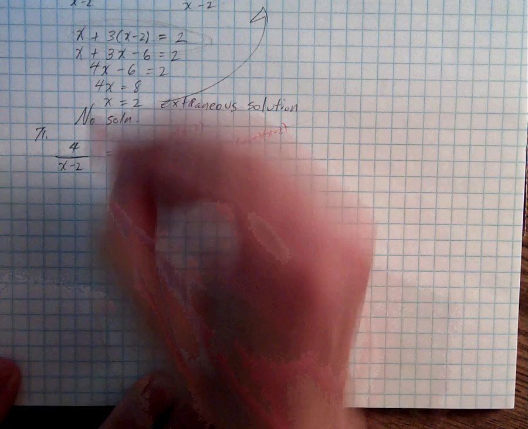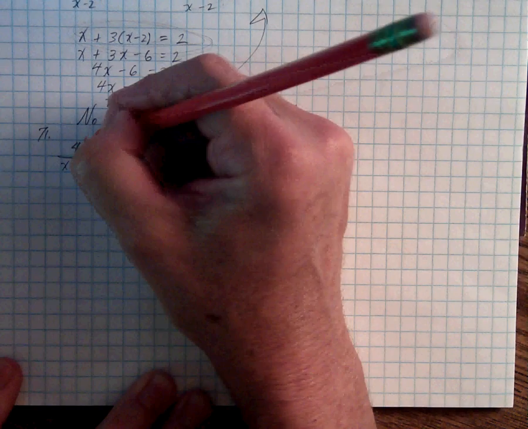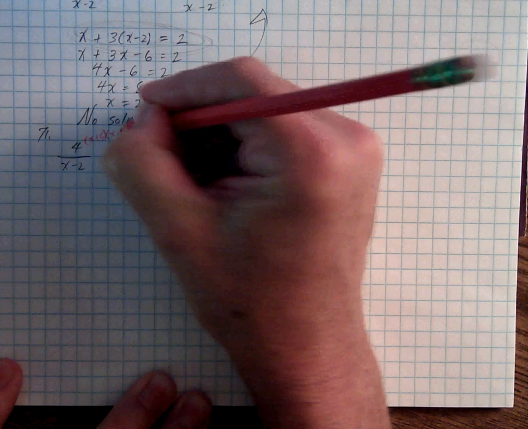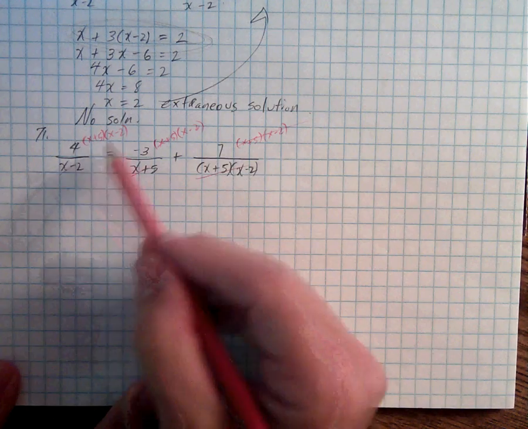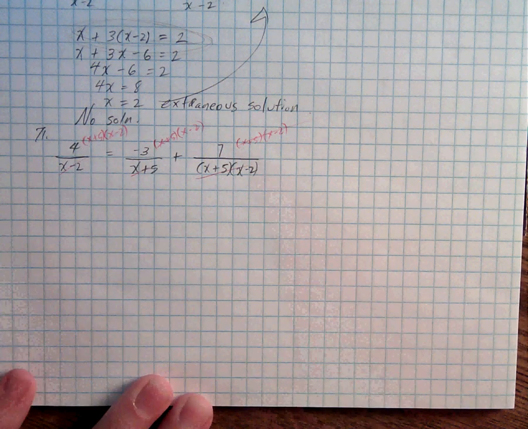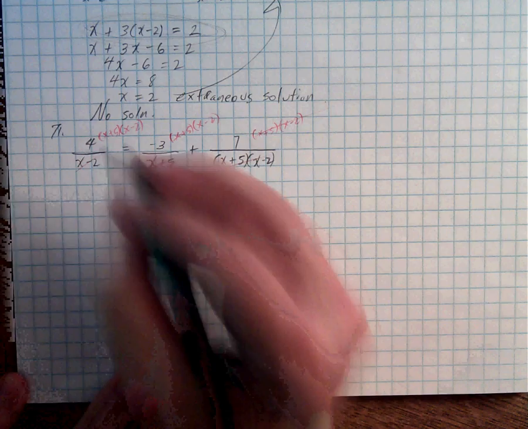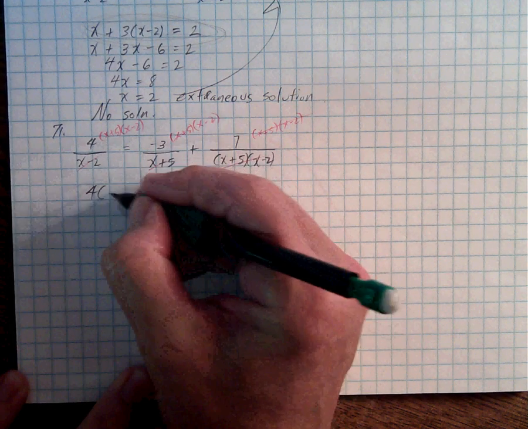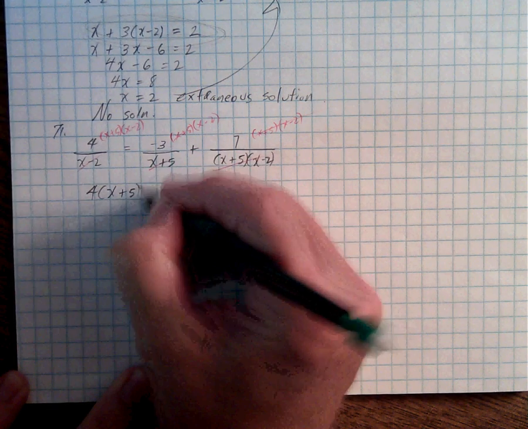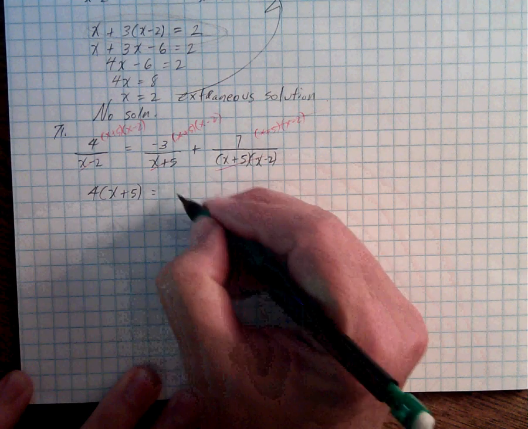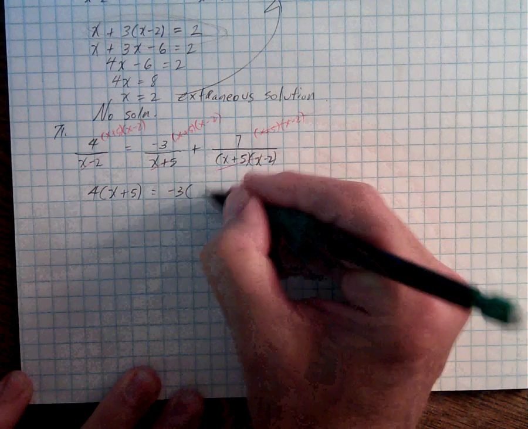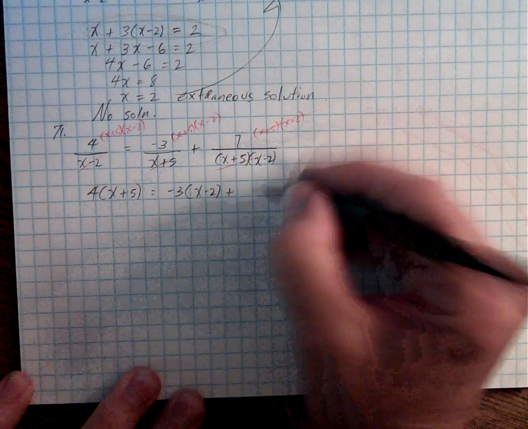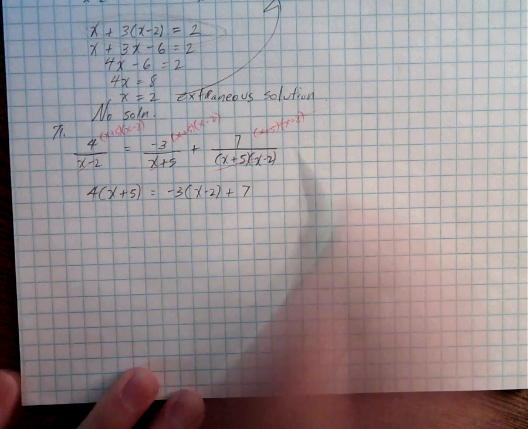And then we'll multiply this also by x plus 5, x minus 2, and the x minus 2's will cancel, leaving me with 4 times x plus 5. So let me rewrite it. That's 4 times x plus 5 equals -3 times x minus 2 plus 7, because everything canceled out over here except the 7.